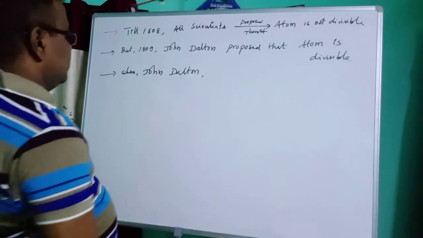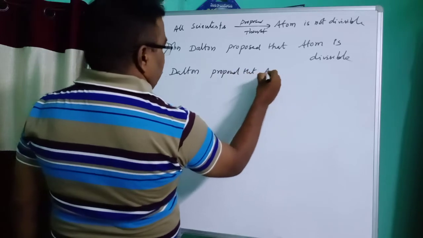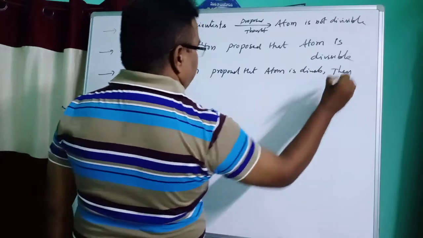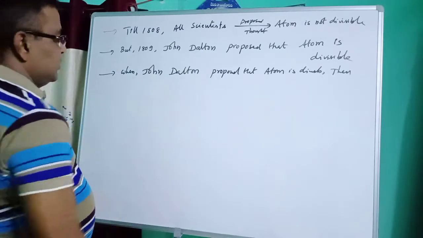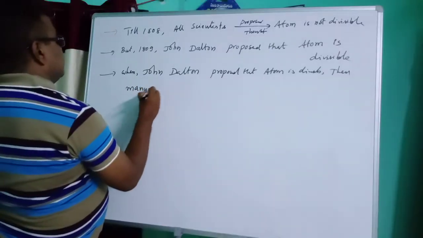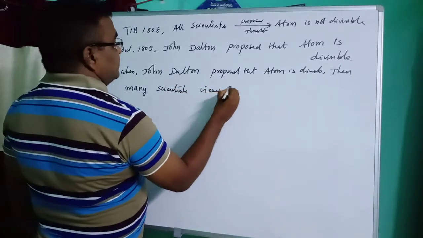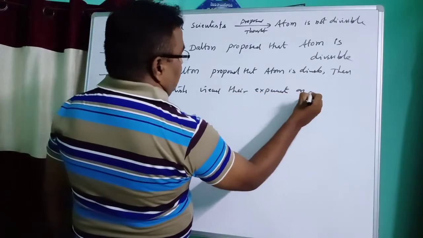So when John Dalton proposed that an atom is divisible, then many scientists conducted their experiments on the atom.